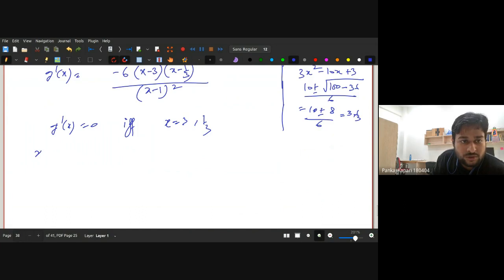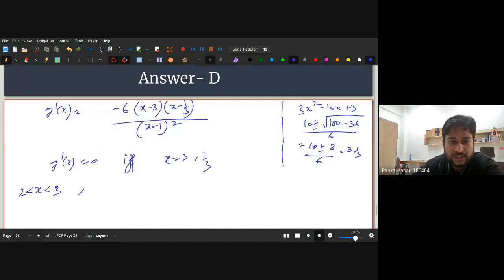Okay, so let's find out what happens if x is less than 3. Let's assume that it is not too negative, so it lies between 2 and 3, and 1 by 3 is positive, right? So you can see that if x is less than 3, then this will become negative and this will remain positive, right, because x is still bigger than 2.